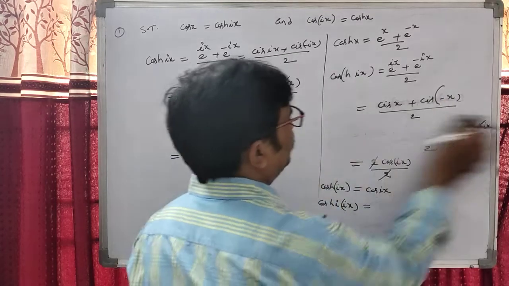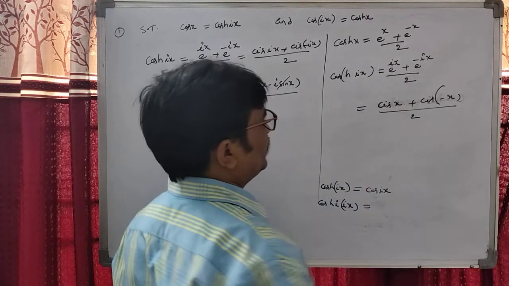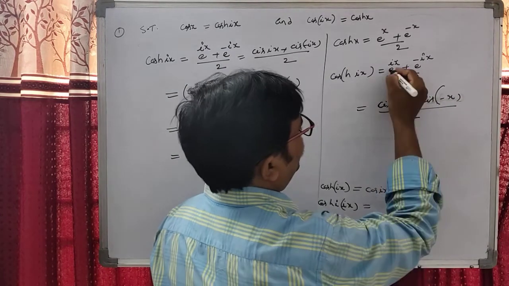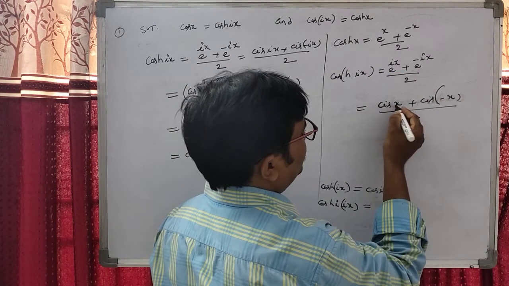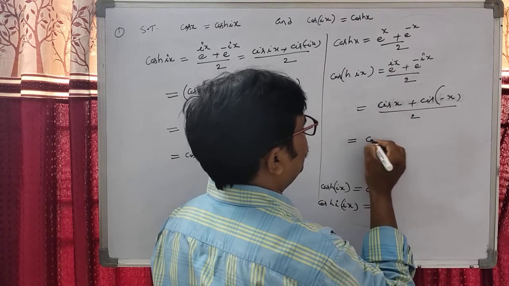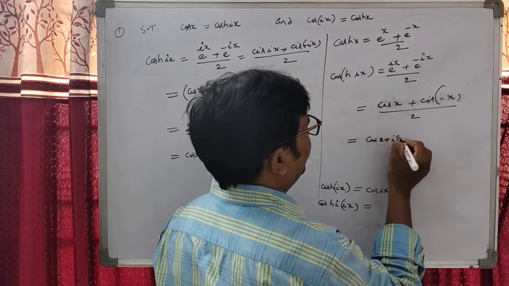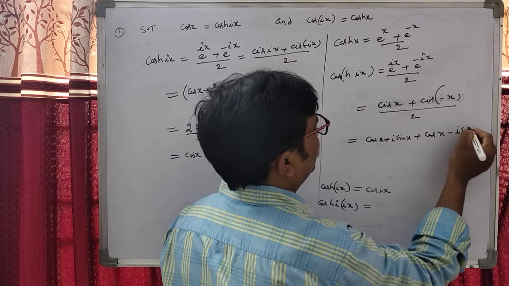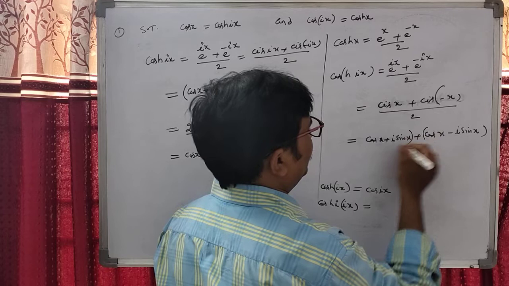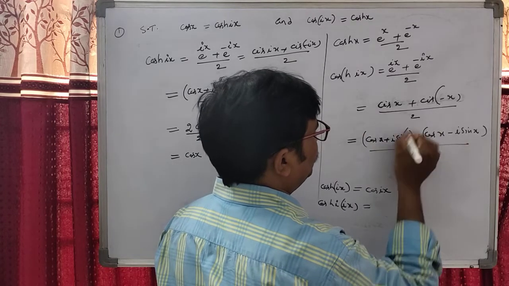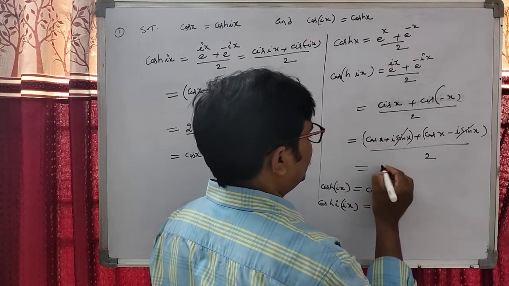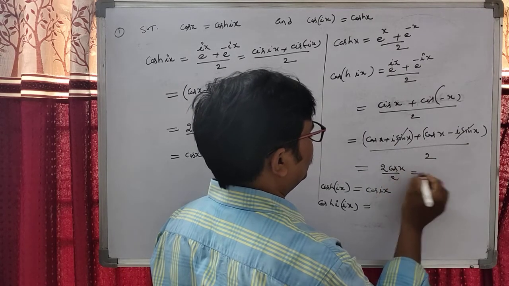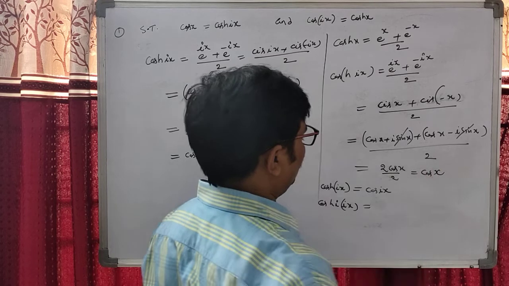Cis x can be written as cos of x plus i sin x, and cos of x minus i sin of x, upon 2. These two are cancelled. Cos x plus cos x is 2 cos x by 2. This is cos of x.